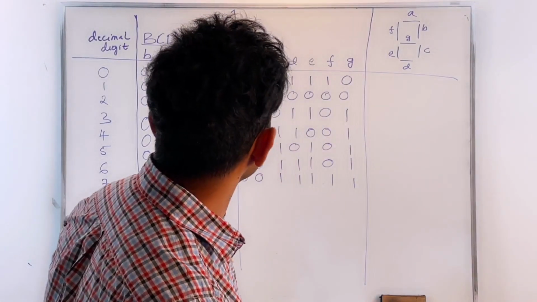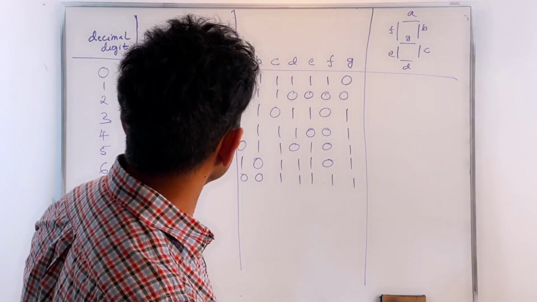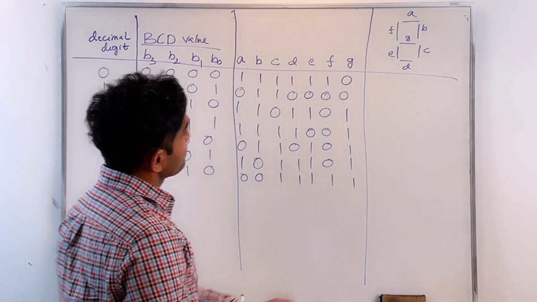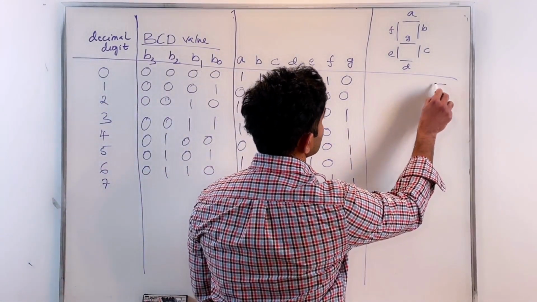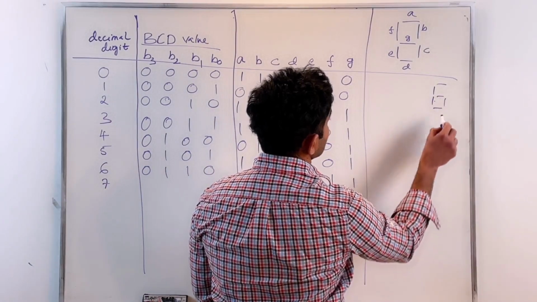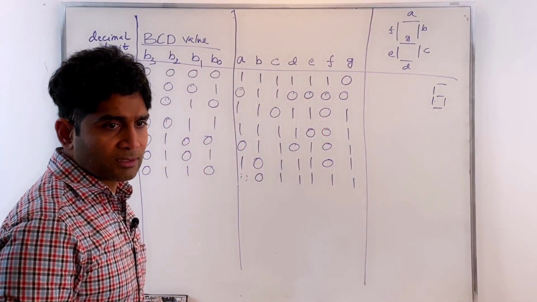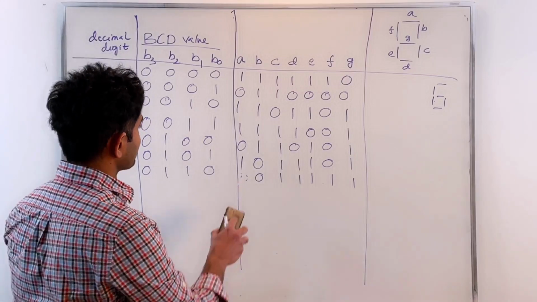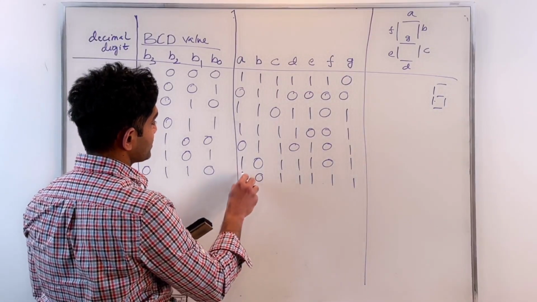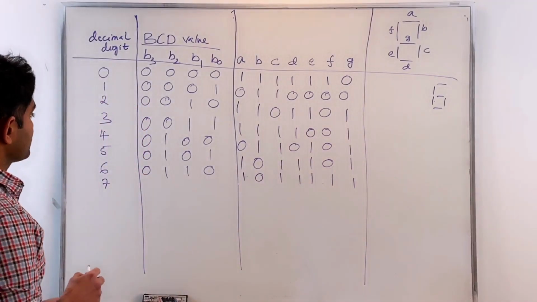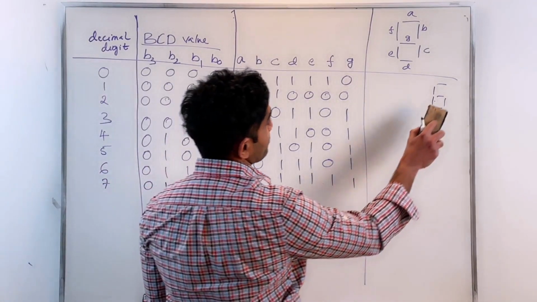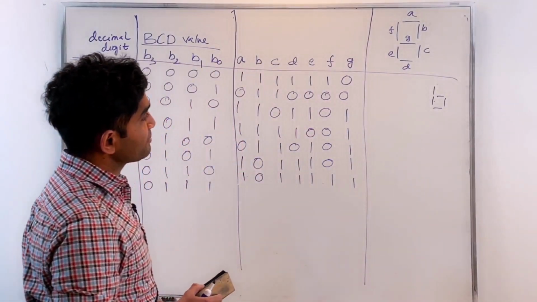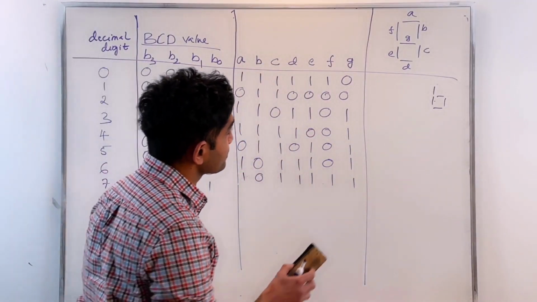Sorry, A should be on for 6. Okay, yeah, you're right. That's correct. So A should also appear 1. Without that I would have displayed 6 as a b, which is not good.